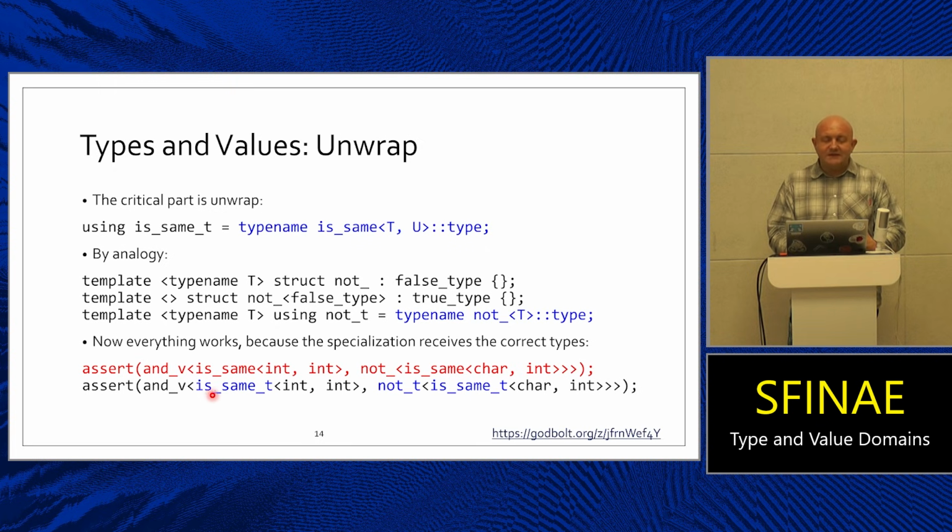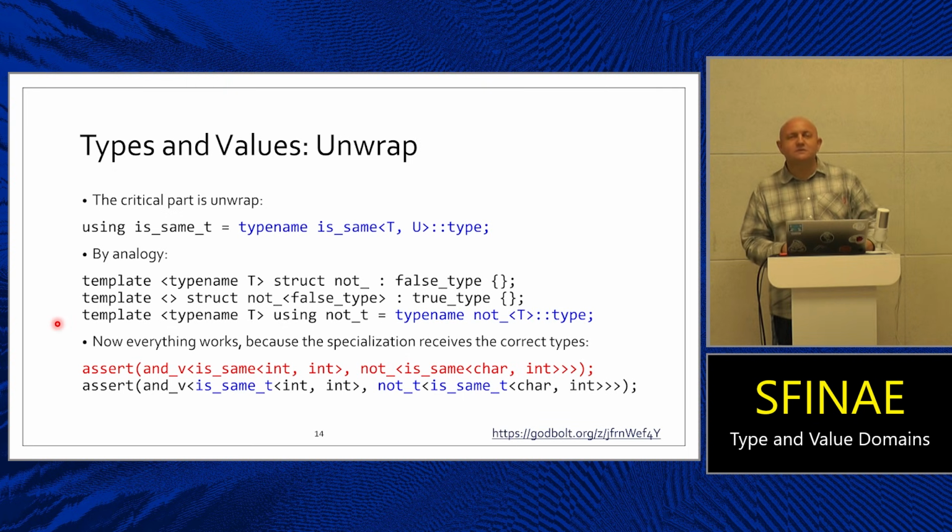And_v of is_same_t, not_t is_same_t. is_same_t is the unwrap for is_same. And those three, the primary template, specialization, and unwrap alias template, are jointly called the SFINAE triple, and I will use this terminology in all the rest of the course.